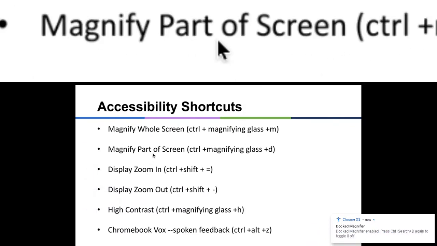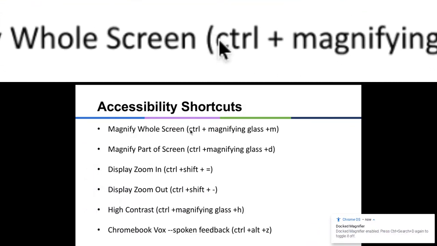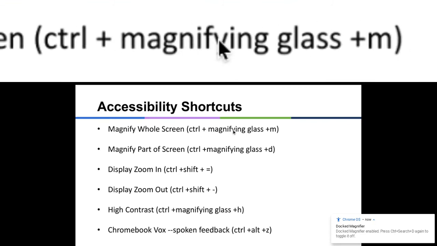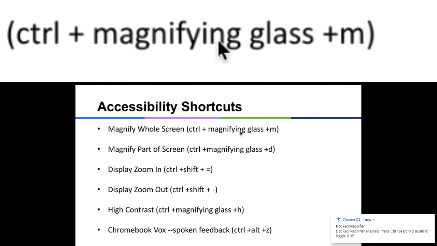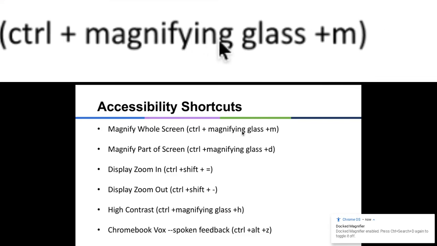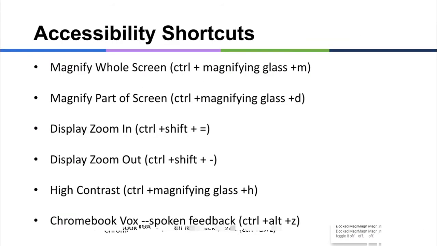And then wherever my mouse is hovering over, that becomes magnified up above. So you can see right now my cursor's over the word magnifying glass, and then up above it's magnified. Again, to turn it off, same three things: Control, magnifying glass, and D.